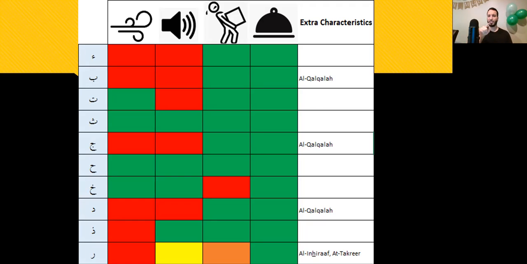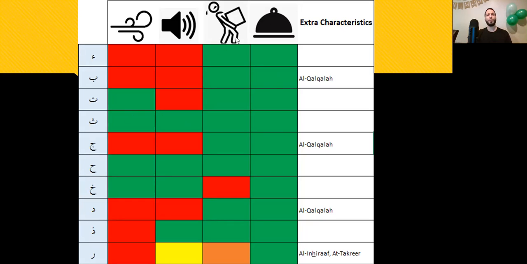And those are the letters that have the big loop when you draw them: sa, da, ta, and za. Those are those letters. And next to them, I had the extra characteristics, and those are the characteristics that are unique to those letters: qalqala, inhiraf, takrir.